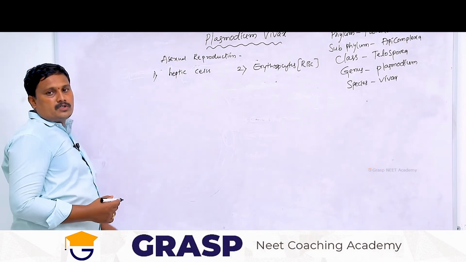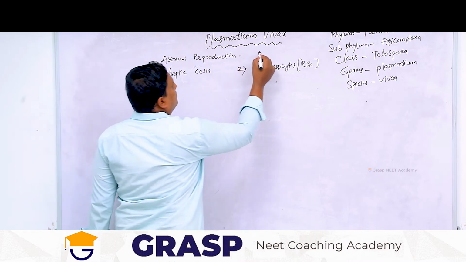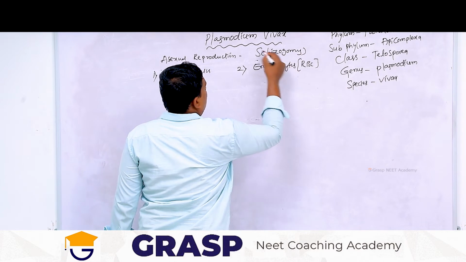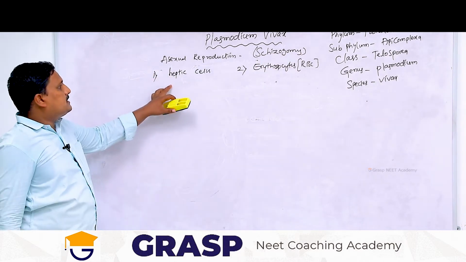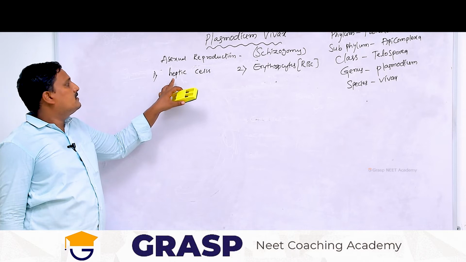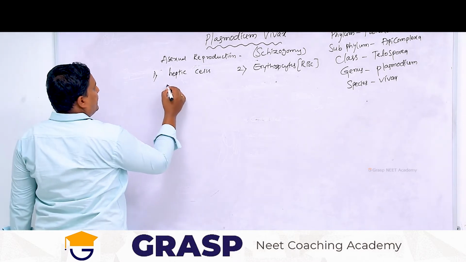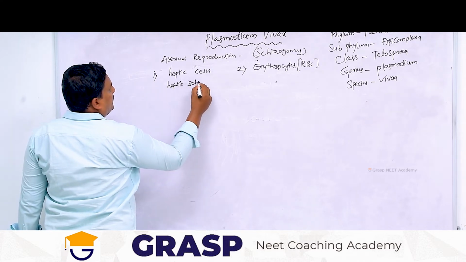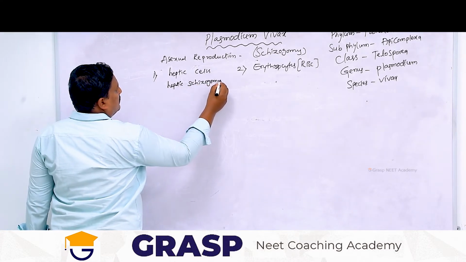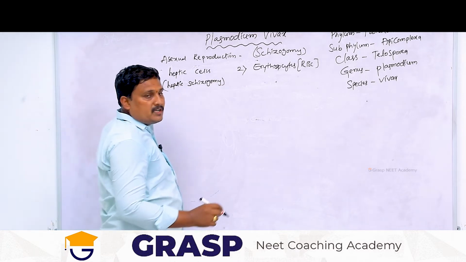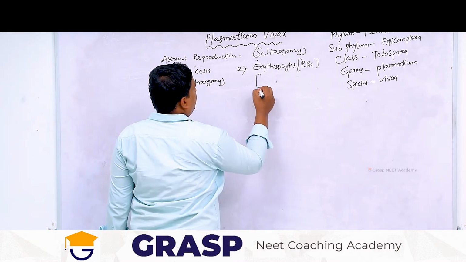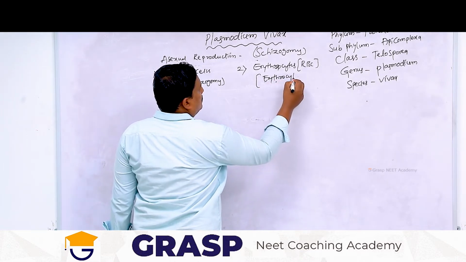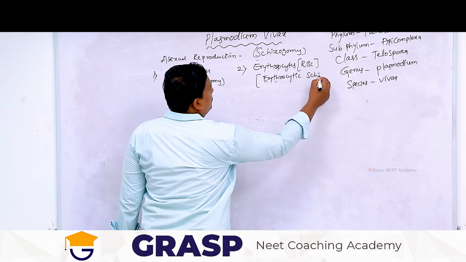The asexual reproduction of Plasmodium is known as schizogony. When it takes place in the hepatic cells it is named hepatic schizogony, whereas asexual reproduction in the RBCs is known as erythrocytic schizogony.